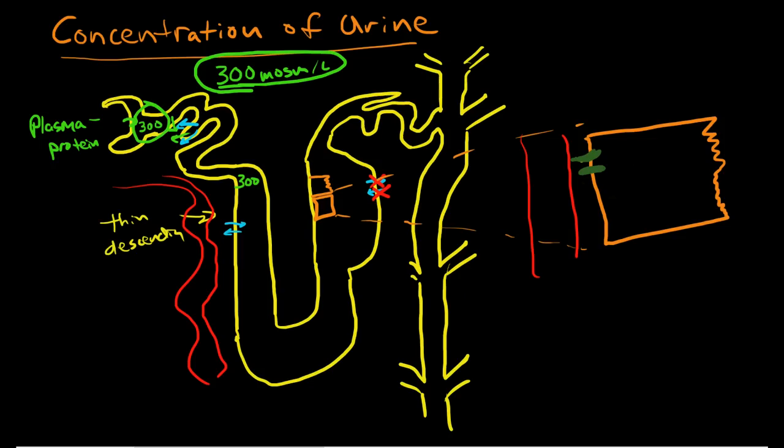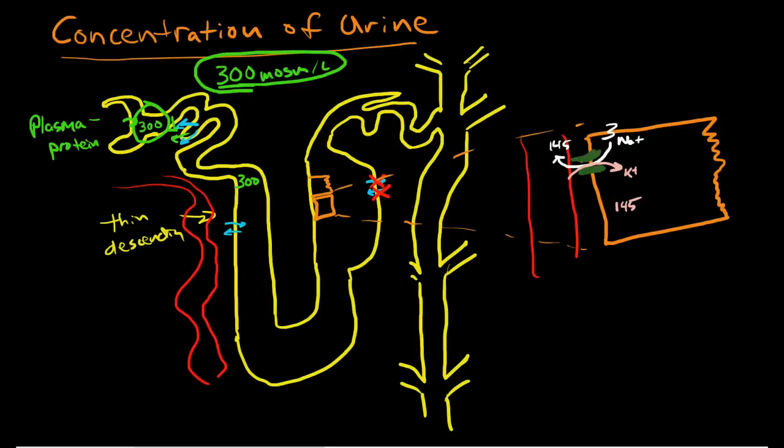So what does a sodium-potassium ATPase pump do? Well, it pumps 3 sodium out of the cell, and in exchange it pumps in 2 potassium into the cell. Because, remember, the potassium concentration inside the cell is pretty high, and the sodium concentration outside the cell is pretty high, so it's pumping against a gradient.